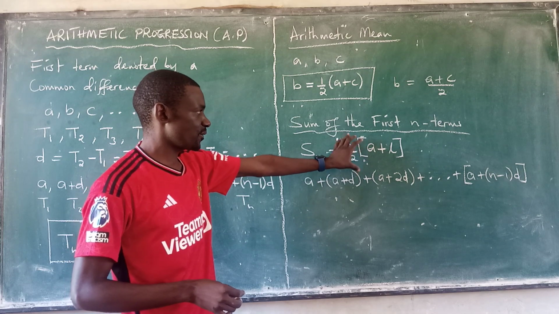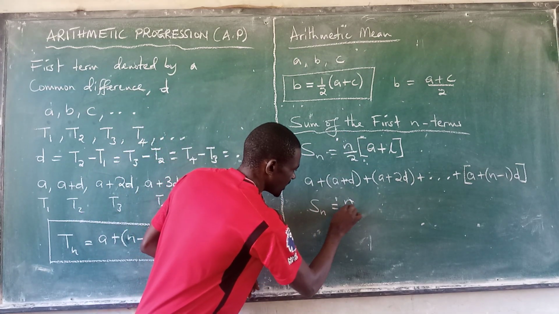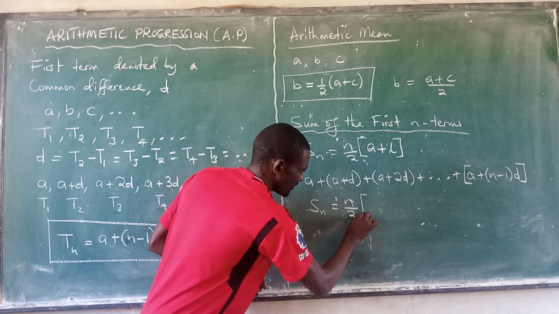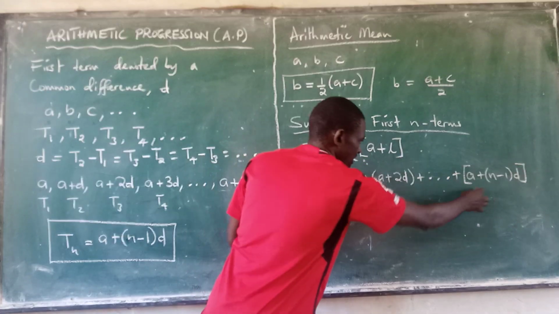So if we fuse it in, you find it will give us Sn is equal to n over 2, open brackets, there is this A, and then the last term is the whole thing there.